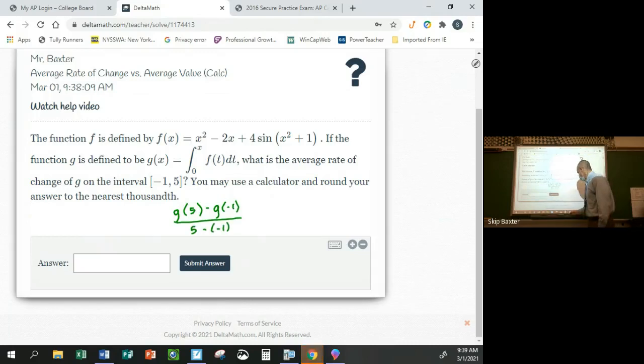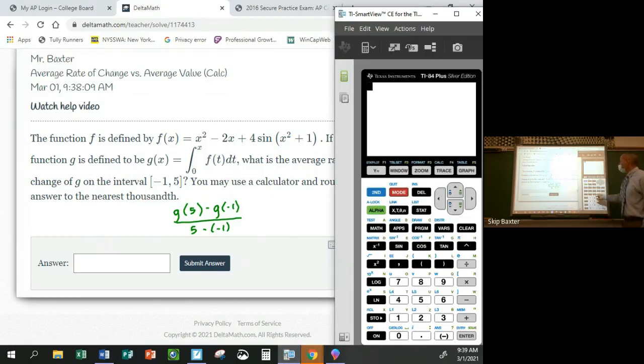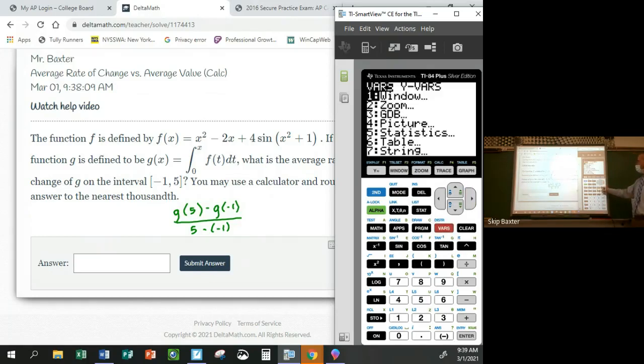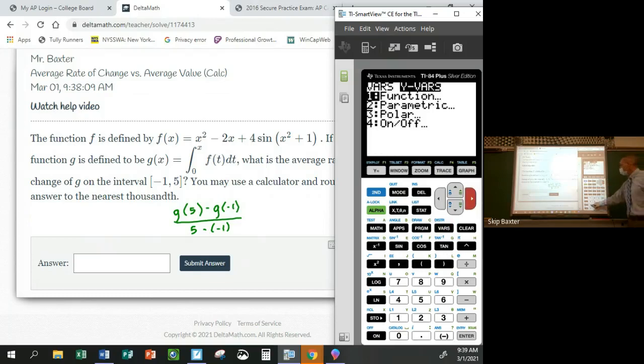So all I need to do here is do this on my calculator. But g is a definite integral. So on my calculator, I'm going to do parentheses, math 9, the integral from 0 to 5 of y1, variables, y variables, function 1, dx.